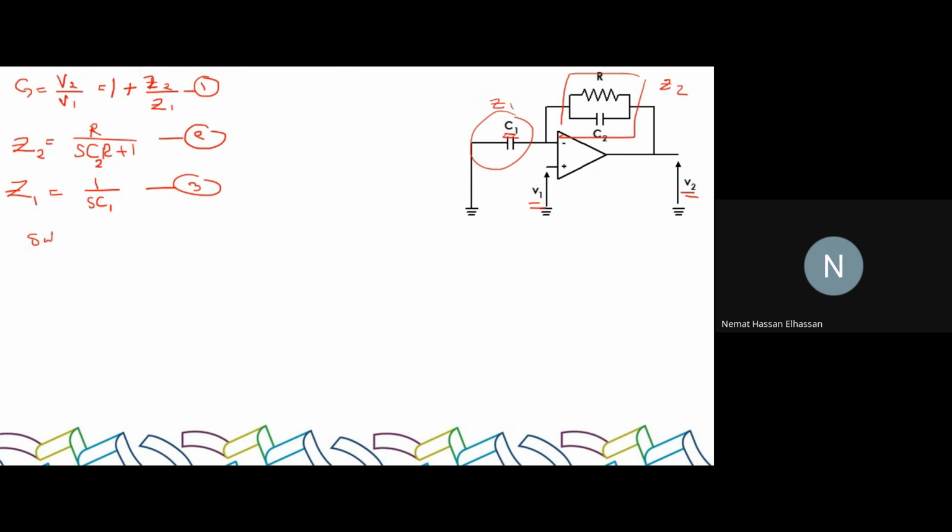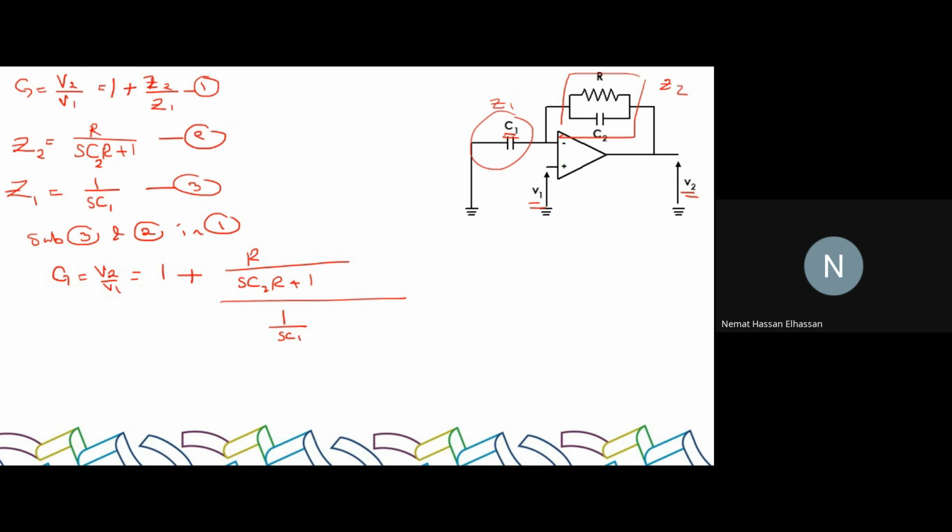Let's call this equation 3. Let us now substitute 3 and 2 in 1. So the gain, which is V2 over V1, is equal to 1 plus Z2, which is R over SC2R plus 1, divided by ZC1, which is 1 over SC1.